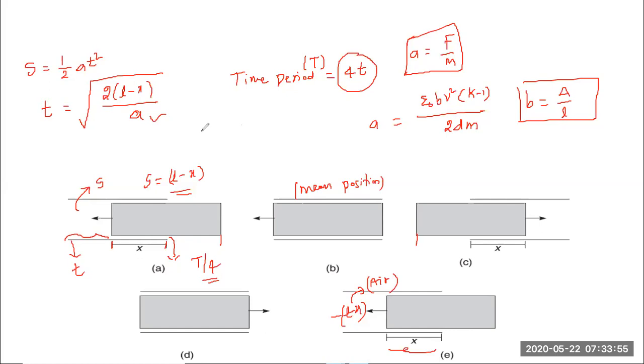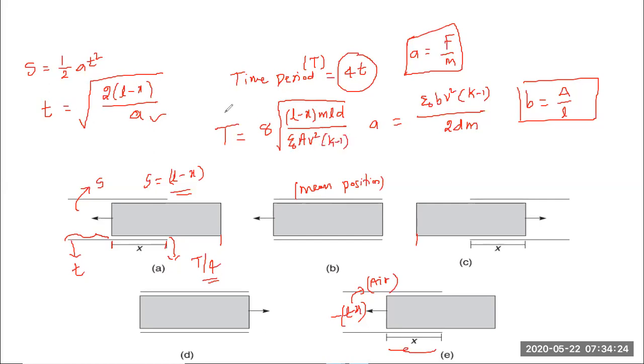So finally, after substituting all the values, you are going to get the time period of this oscillation as 8 into, you can solve it, students, it is very simple, 8 into, in the given situation, L minus X M L d by epsilon naught A V square into K minus 1.